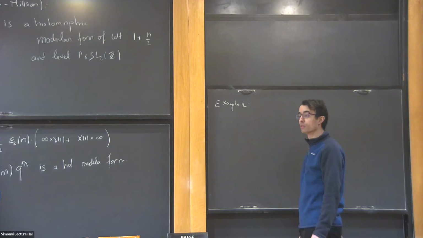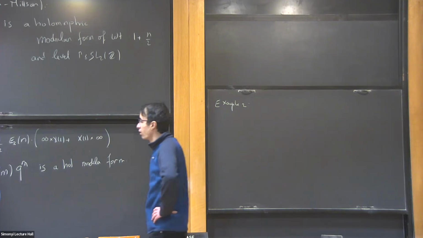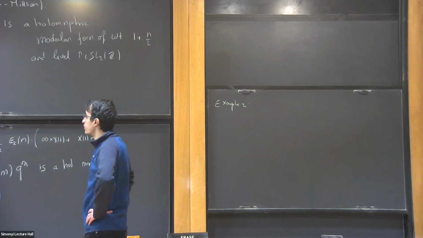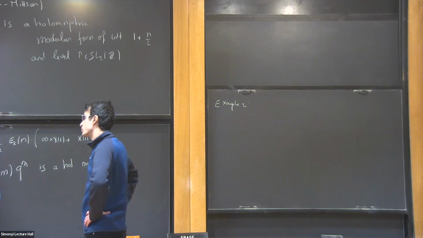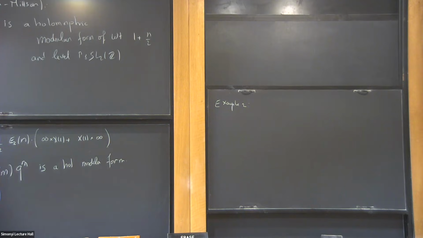So if you did it with Y2 from the start, if you introduce some level structures, you could obtain some modularity property.